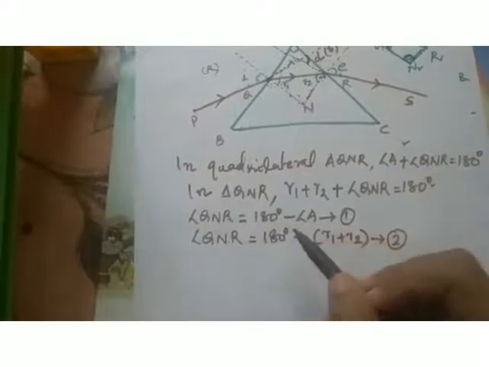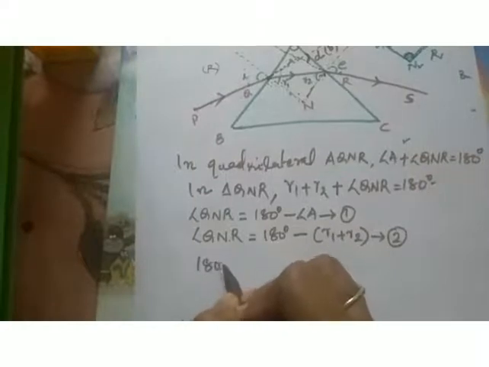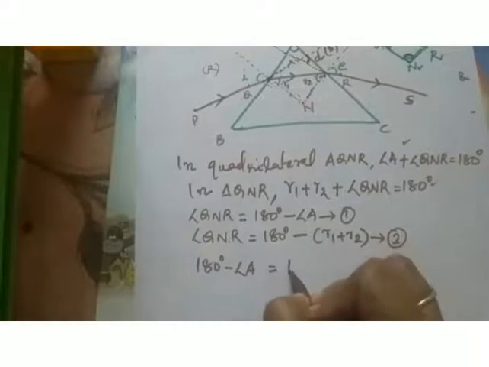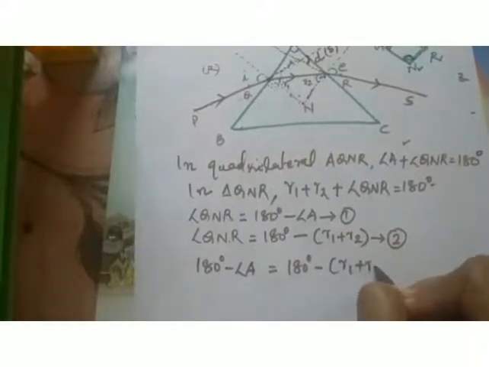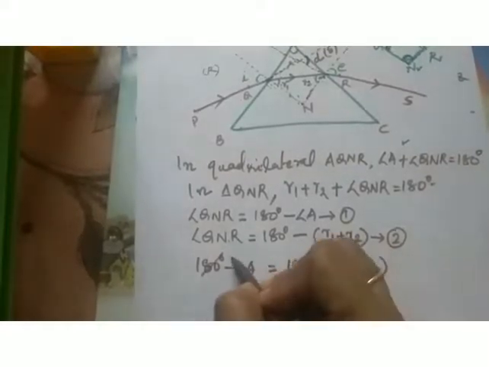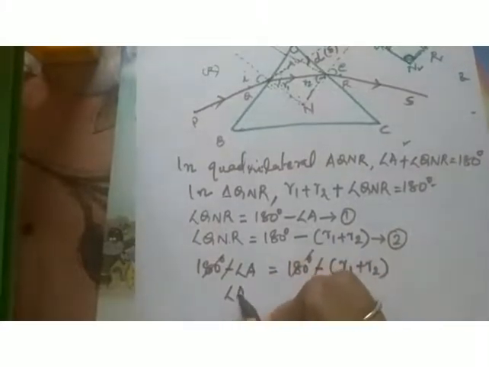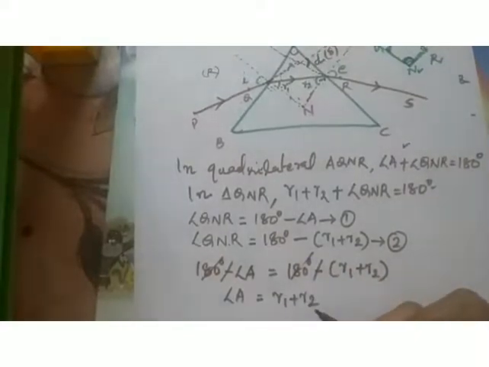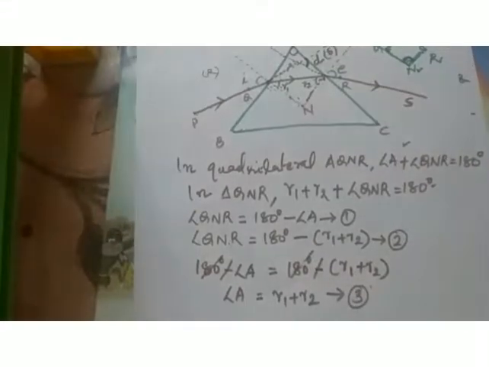LHS part is equal, so we can equate the RHS part. So RHS of equation 1, 180 degrees minus angle A, equals RHS of equation 2, 180 degrees minus (R1 plus R2). Here 180, 180 will cancel, negative, negative will cancel. Then we are left with angle A is equal to R1 plus R2. Okay, so let this be our equation number 3.